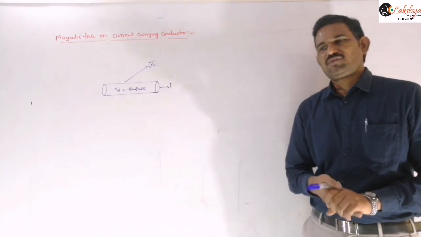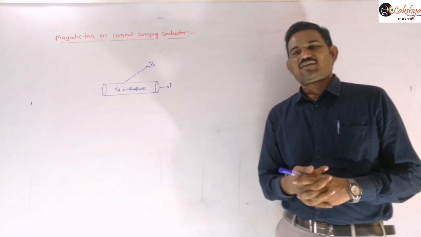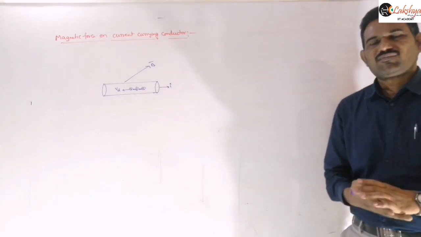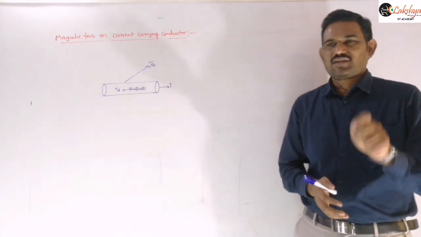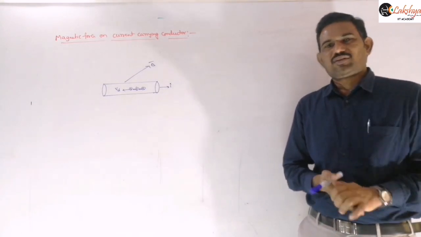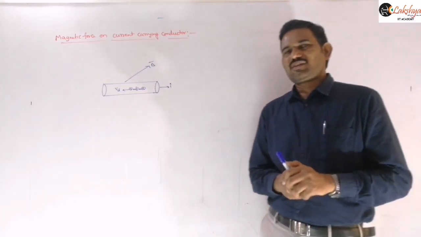And so we can conclude that when a current carrying conductor is placed in a magnetic field, some force may act on it. Here again I am saying that some force may act on it. We can't conclude that some force must act on it. It depends on our theta values again.